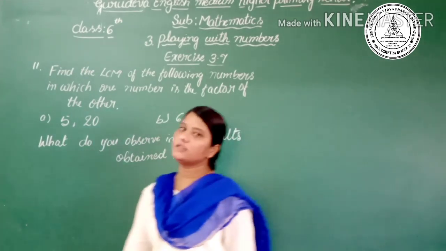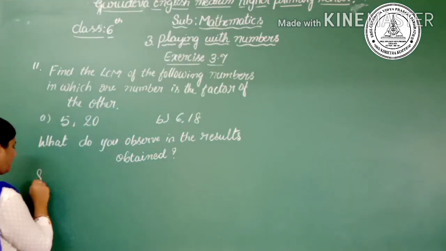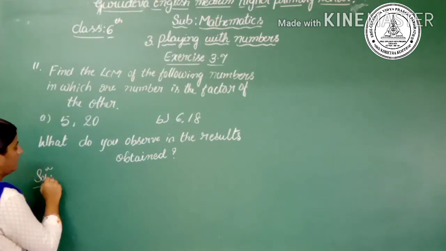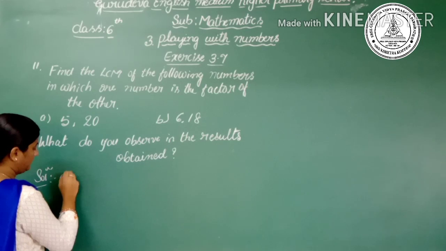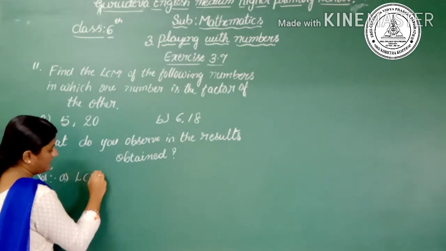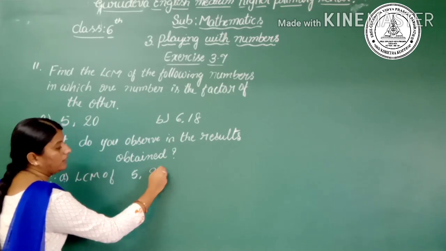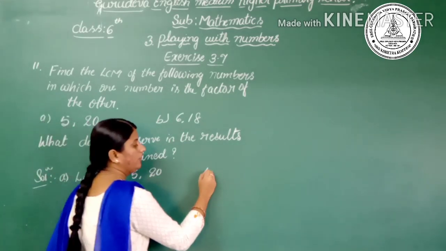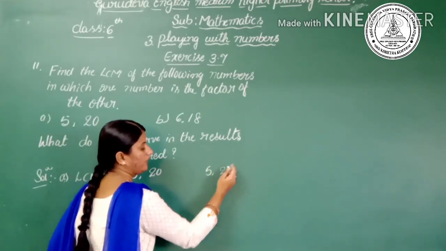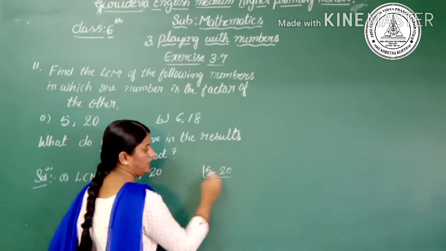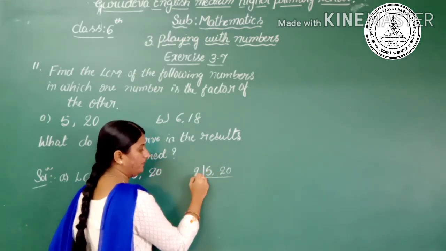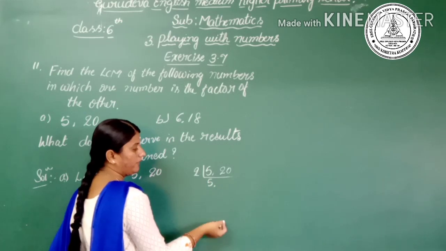Okay. Yes. First write your solution. Is A1, LCM of 5, 20. Let's find out here 5, 20. It is divisible by 2. 5 is not divisible by 2.